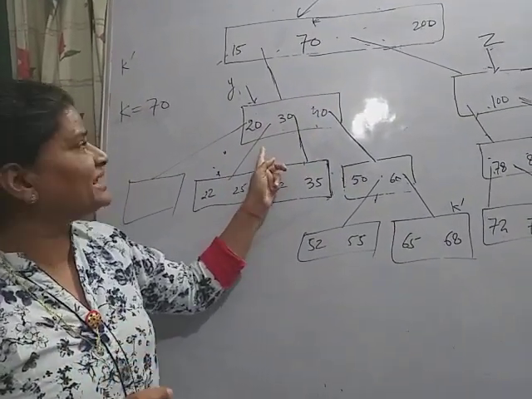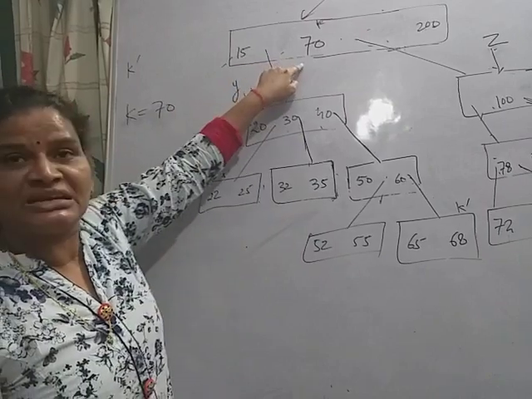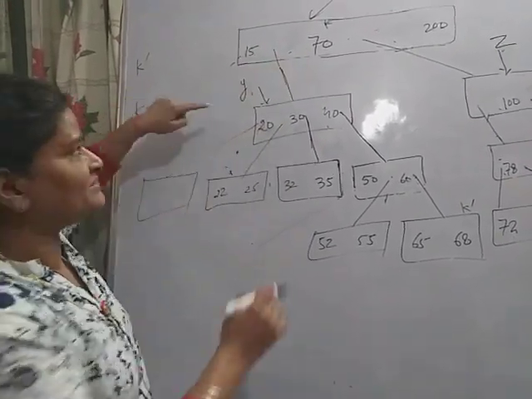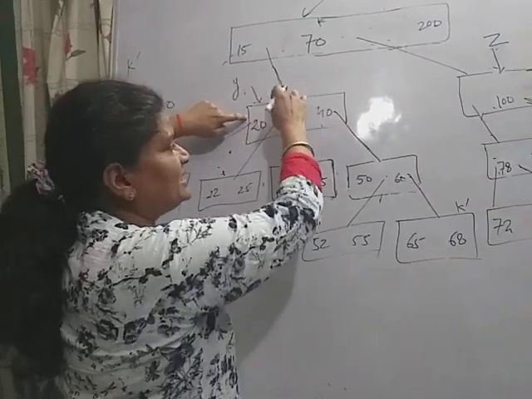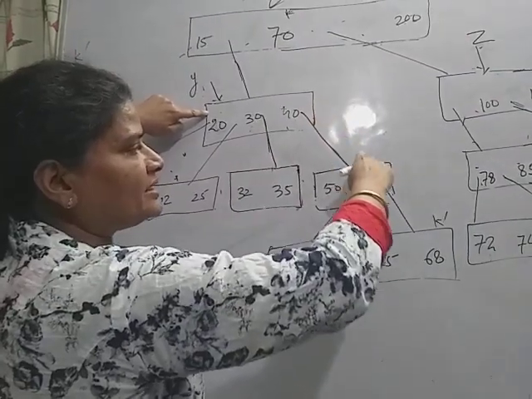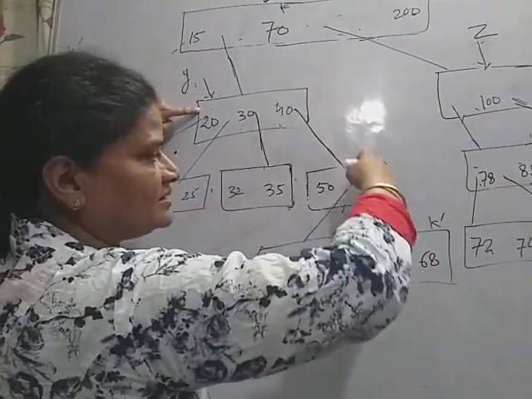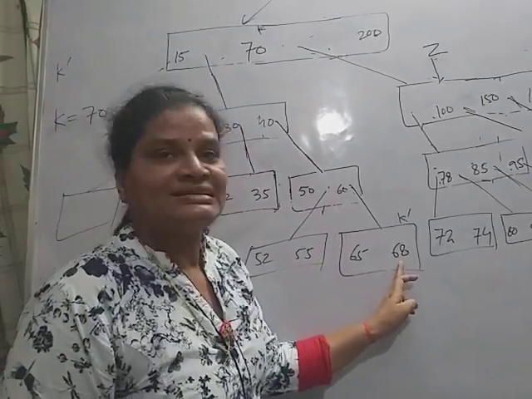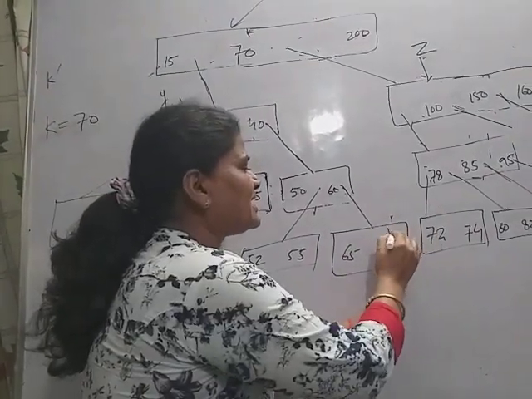Okay, how will we get that? It is simply the immediate predecessor of 70. In the subtree rooted at y, you go to the rightmost branch, and this 68 will be k dash.